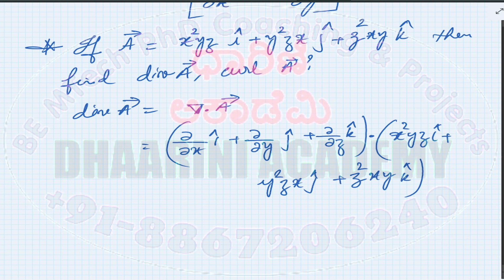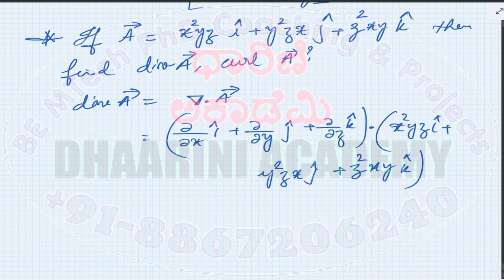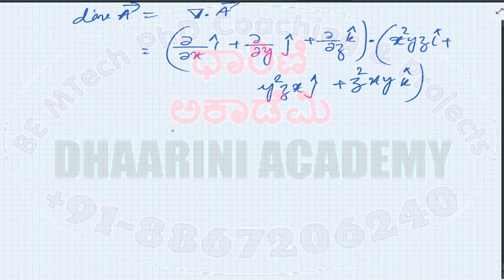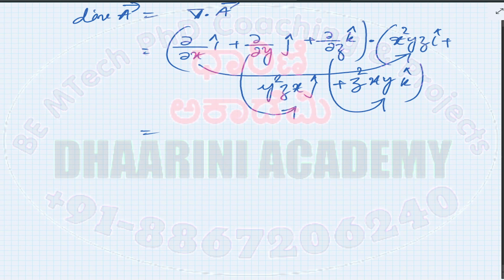I am supposed to apply ∂/∂x only to the term containing I in vector A, ∂/∂y only to the j term, and ∂/∂z only to the k term. That's the meaning of multiplying I cap with I cap.